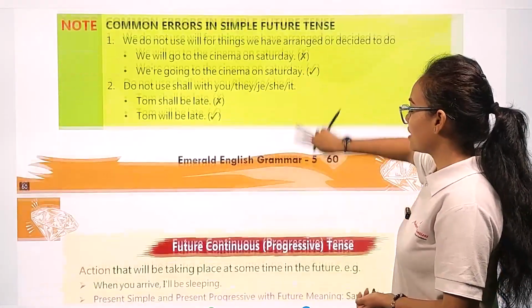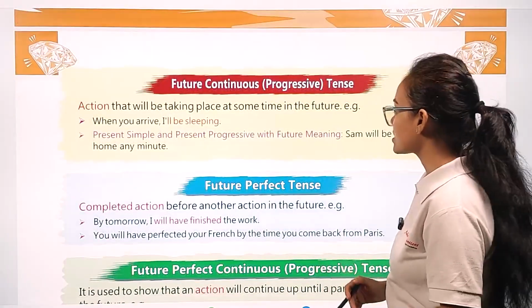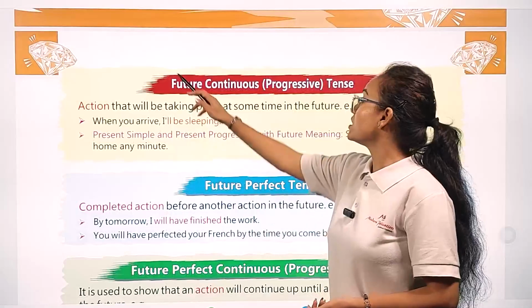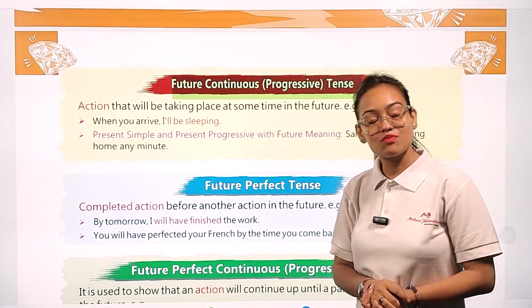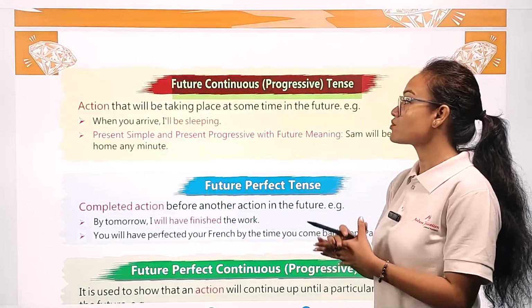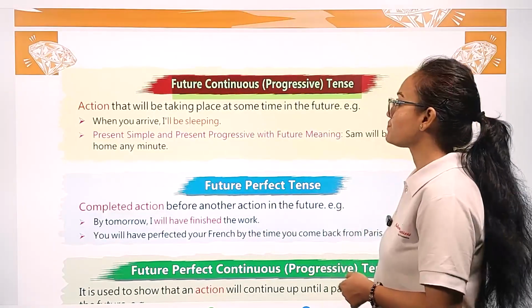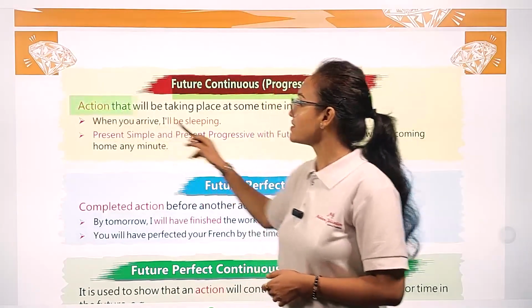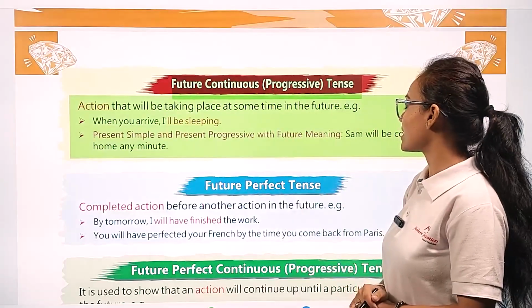Okay. Now we are going to see the future continuous or progressive tense. What is the meaning of this future continuous or progressive tense? In previous tenses, like the present tense, we already studied that whenever we talk about continuous or progressive, it means we are going to use the ing form of the verb. These are actions that will be taking place at some time in the future.